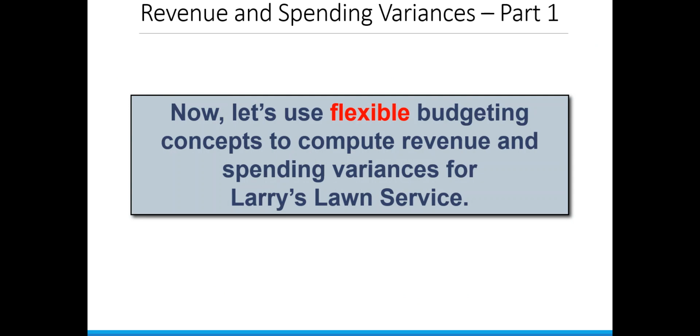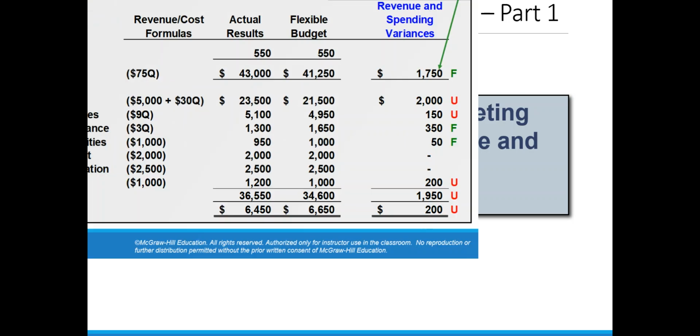And once we do that, we've eliminated any change that can occur because of the change in level of activity. That is, the initial planning budget was for a lower level of activity, but since we've adjusted that in the flexible budget, now we're at the level of activity for our actual results.